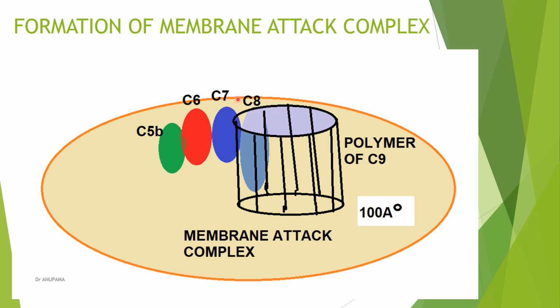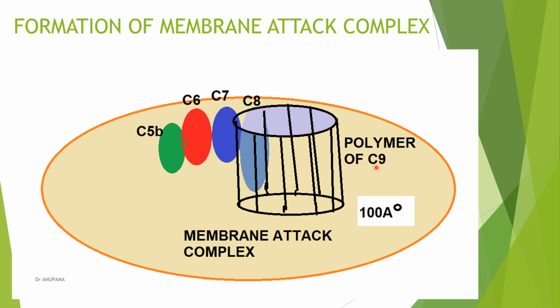This is followed by binding of C8 component, which impregnates into the membrane, and a small pore of around 10 angstroms is formed, embedded into the membrane of the cells. Now after this is formed, polymerization of C9 will take place.